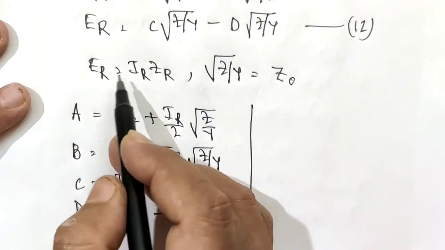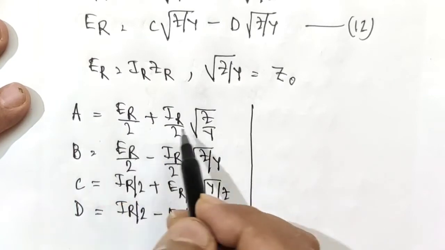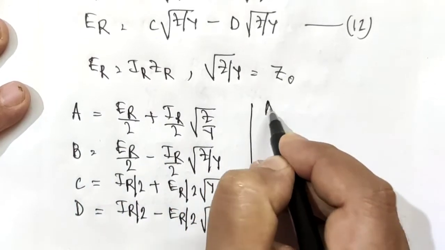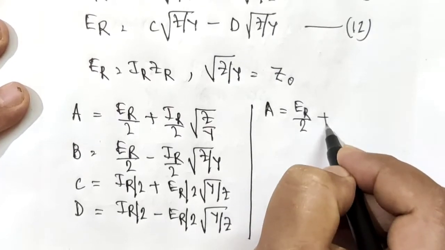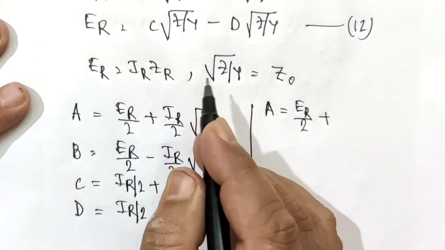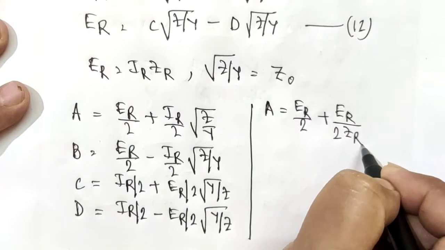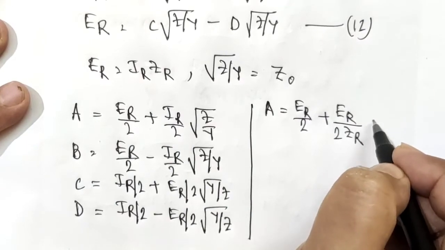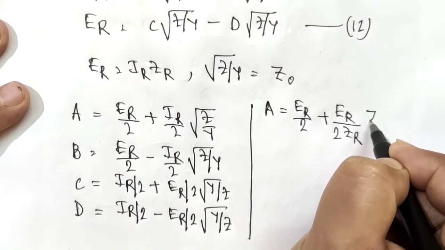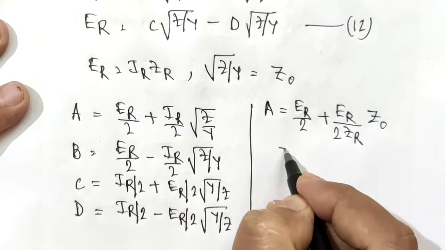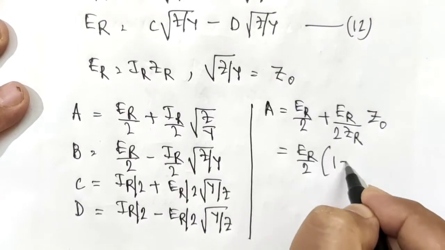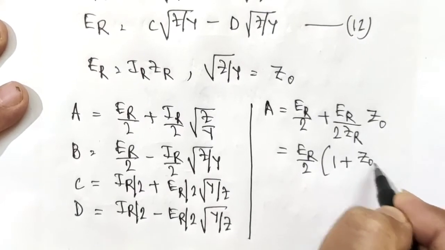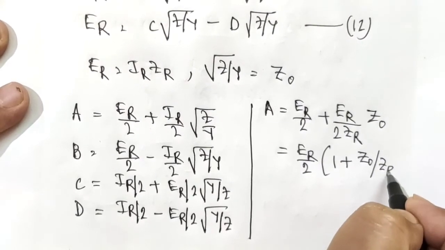So by putting ER equals IR ZR, equation A can be written as A equals ER by 2 plus IR means ER by ZR, and root over of Z by Y as Z0. By taking ER by 2 common, we have 1 plus Z0 by ZR.